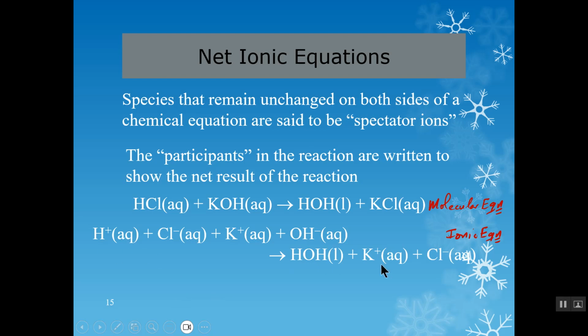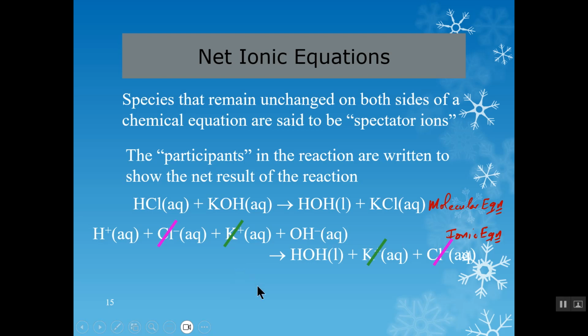So if you look at this equation here, you'll notice that the chloride ions exist on this side and also on the right side of the equation. So those are spectator ions. We can cancel them out. And the same is true for the potassiums, right? We have the potassium here, we have the potassium here. So therefore, the chloride ions and the potassium ions are the spectator ions, all right?